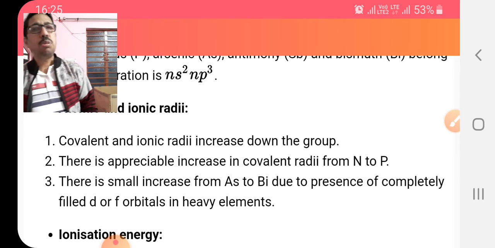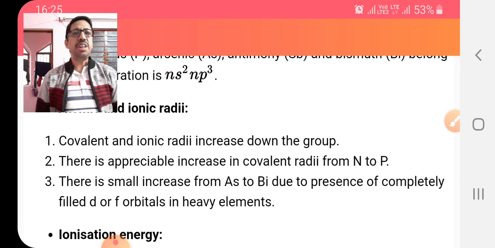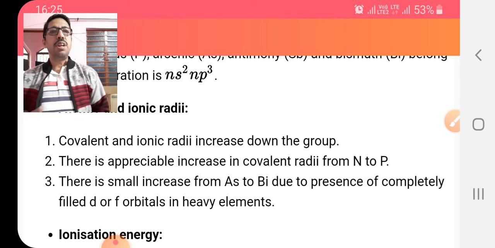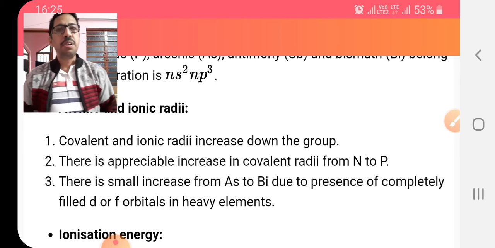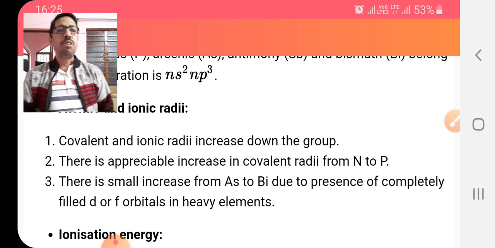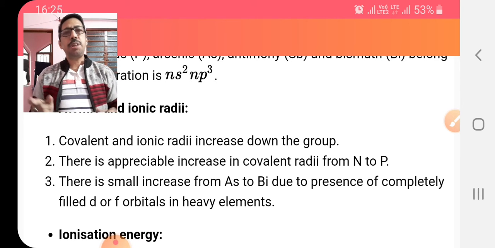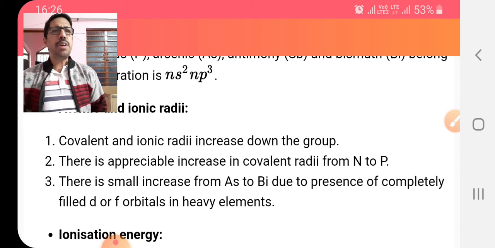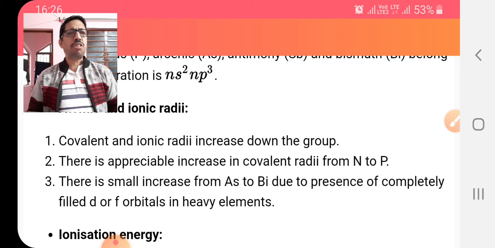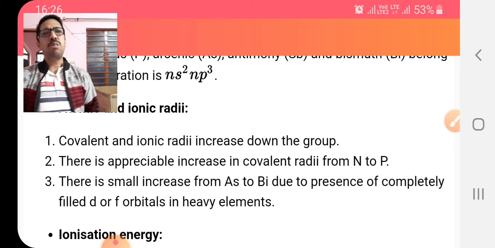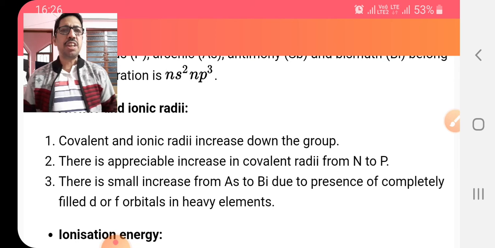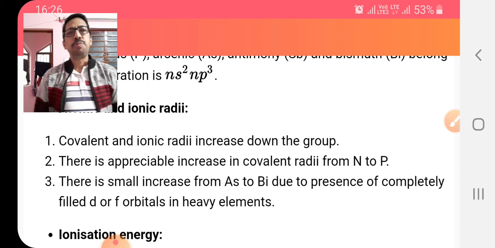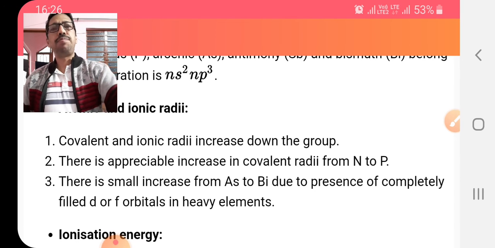Due to the completely filled d and f orbitals, the shielding effect gets maximized, and consequently the effective nuclear charge becomes very minimal. So there is a sudden increase in the value of atomic and ionic radii down the group.